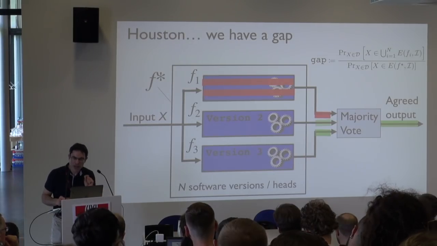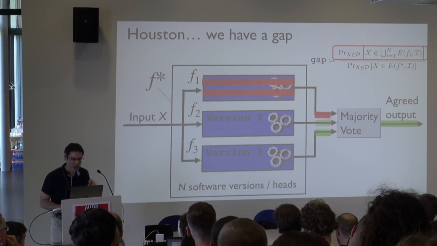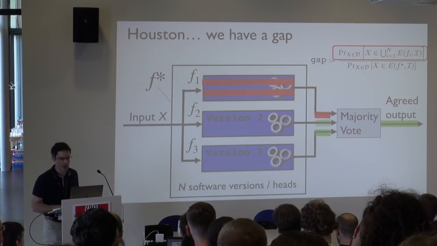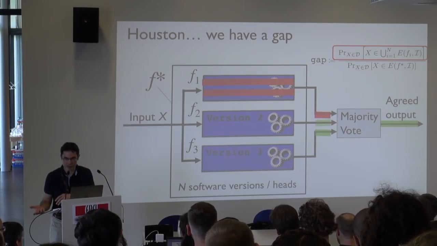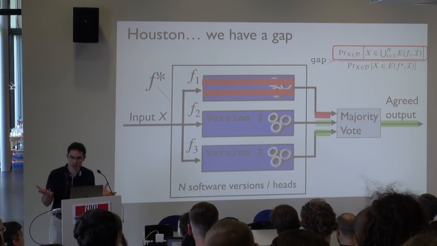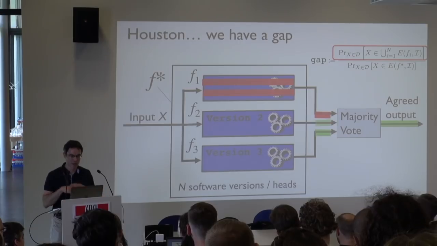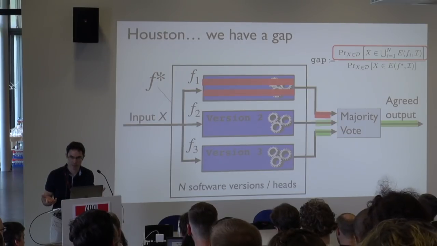So this input x is contributing weight to the numerator. Right? It's an attack against one of the constituent programs. But it isn't an attack against the meta program. So it doesn't count in the denominator.